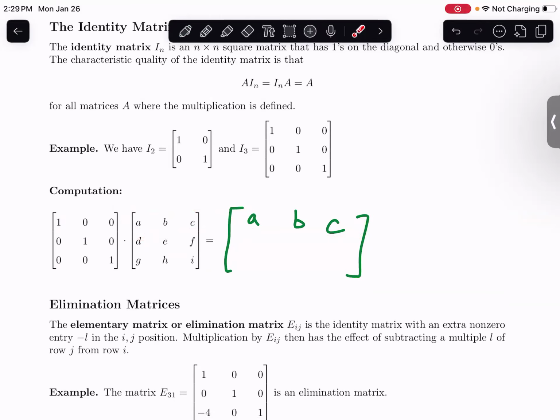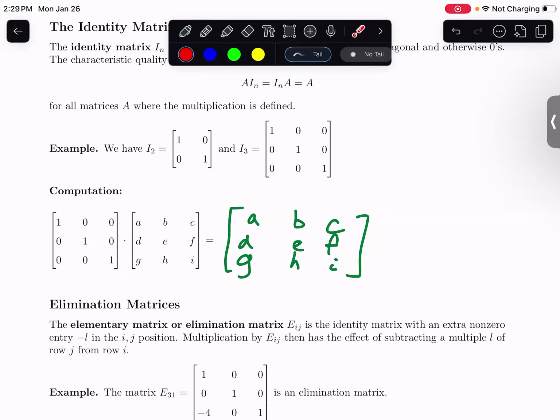The 2, 1 entry is the second row dotted with the first column, which is just picking off D. Similarly, the next one will be E, and then F. For the last row, the 3, 1 entry is the third row dotted with the first column, so you only hit the G, and then you have H, and then you have I. So when you perform the product, you end up just getting the same matrix back over again.